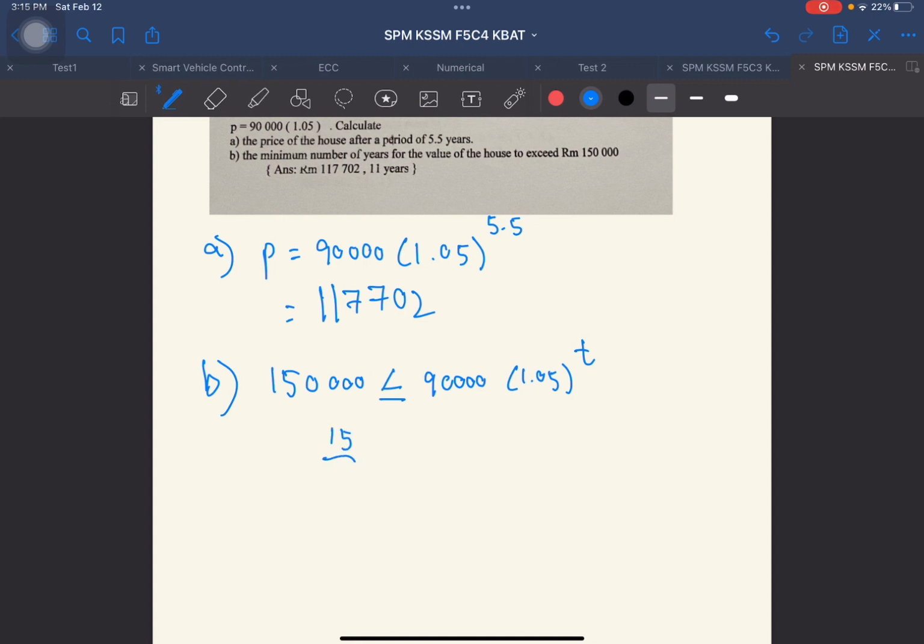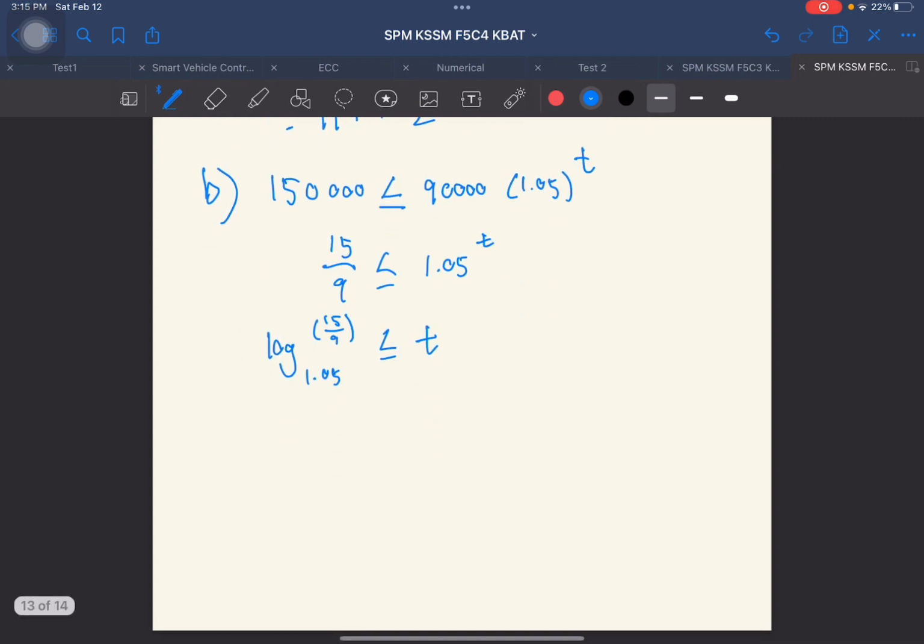You got 15 over 9 equals 1.05 to the power t. Okay, so now you move this 1.05 into here, make it the log term. So you got this. The base is 1.05. Okay, so now calculate this by making the base into 10 so that you can use the calculator to press it.